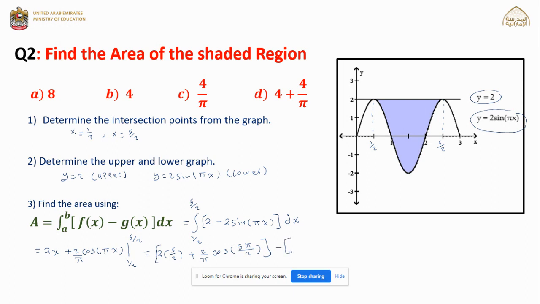Minus the lower one, which is 2 times 1/2 plus 2 over pi cosine pi times 1/2, it's pi/2. After that, I will find the answer. You can use a calculator here to find your answer. The answer will be 4. So the answer of this question is number B.